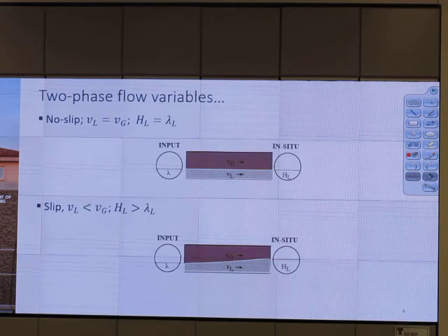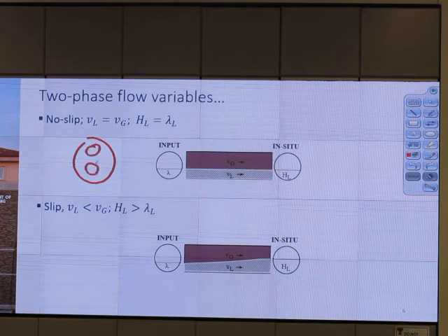This is another way to show you. At the input, it depends on lambda L. We have two pipes connected to the inlet, right? So at the inlet, the liquid hold-up may depend on the input.